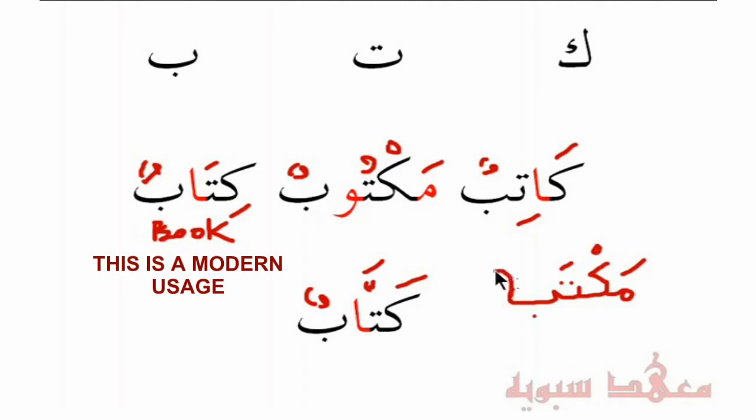If you add this letter, it's called a ta marbuta, it actually changes the meaning. Now, one meaning of ta is what's known as mubalagha, which is to give the meaning of something happening many times over and over. So, as I said, maktab is a place where you write. So a place where there's a lot of writing is a library.